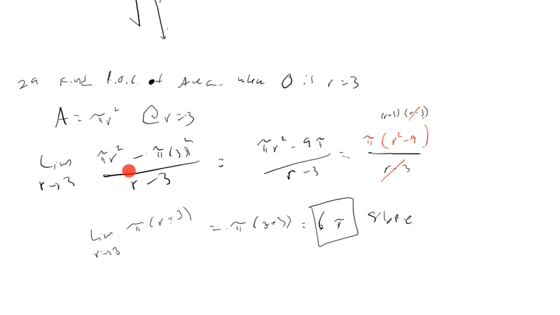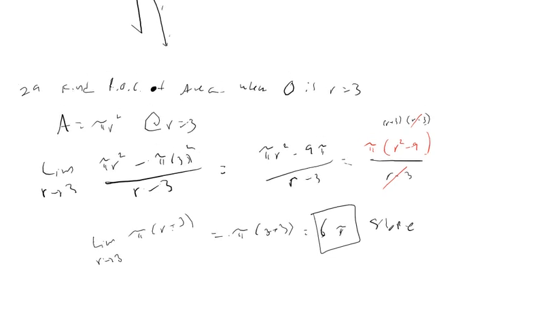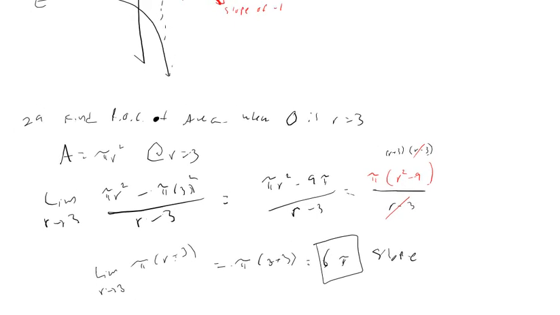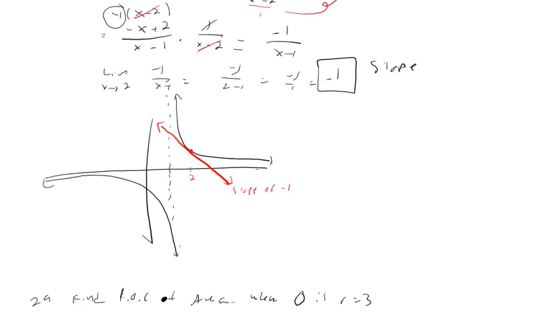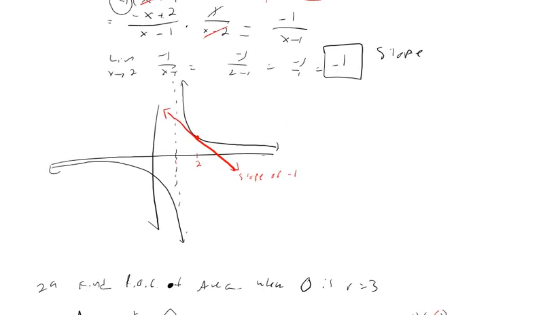All right, I've got one more question for you all. Let's go back to this one right here that we did the graph of. We know the slope, we know the location. Here's my line, I got my tangent line right here.